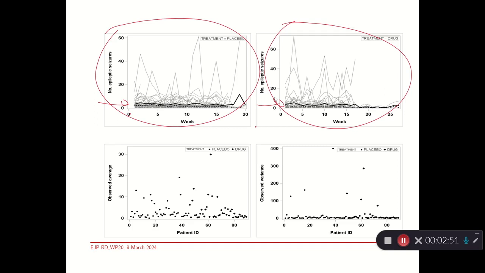But many also jump up and down all the time, meaning that there is a subgroup of patients that has, for a certain period of time, a large number of epileptic seizures over a 1 week period, whereas at other times it's actually relatively low, 0 or near 0. That's also reflected in the average number of seizures that we count per subject.